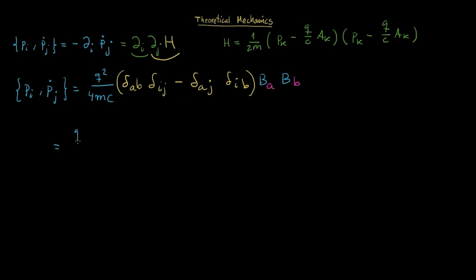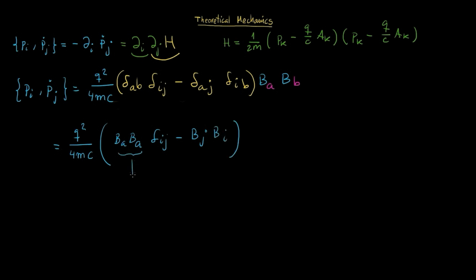This will be q squared over 4 m c. So this times this will be a·a delta_ij minus a_j a_i.